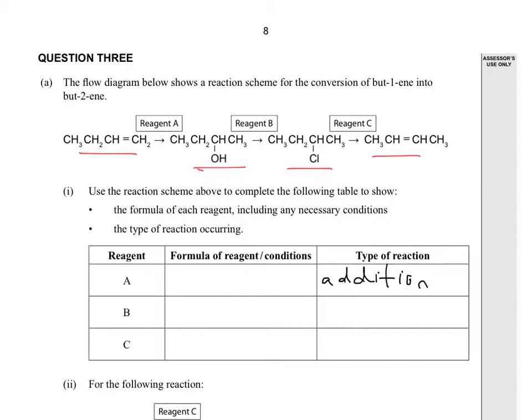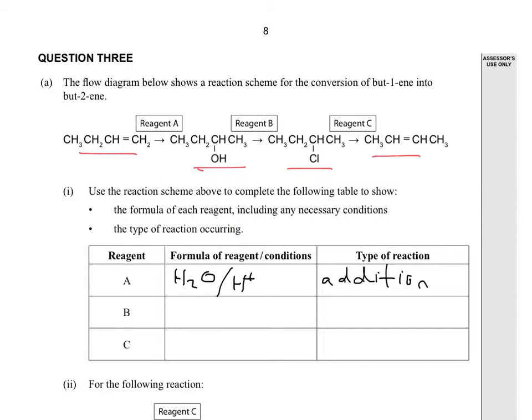And in this case we're adding water, but we can't just have this happen by adding water. It's got to be in acidic conditions. You can just put H2O / H plus, or sometimes H2O / H2SO4.